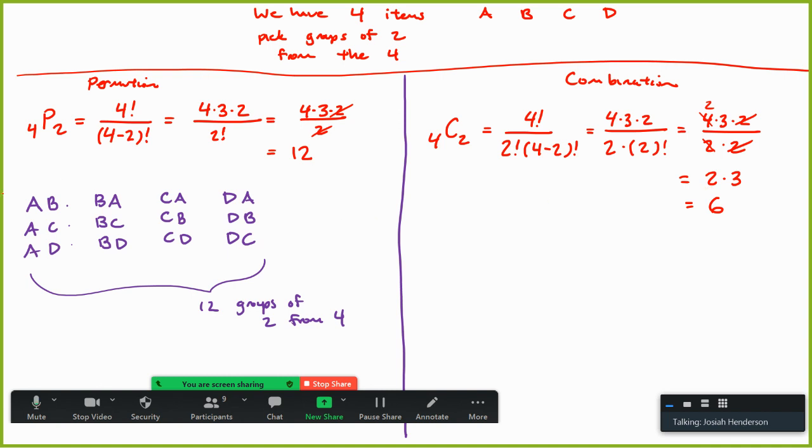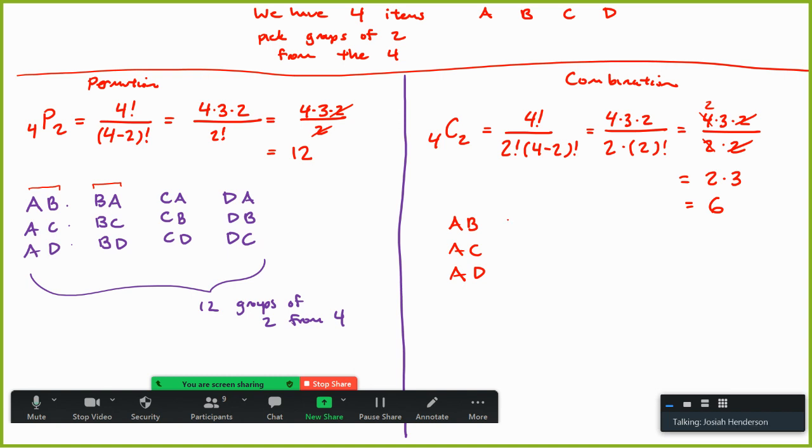So we can find these 6 groupings by looking at our purple list. But notice, on the left side of the screen over here, AB, that's one choice. And then next to it, we have BA. When the order doesn't matter, these are the same choice. It's the same combination, right? AB, BA doesn't matter. So AB, AC, and AD.